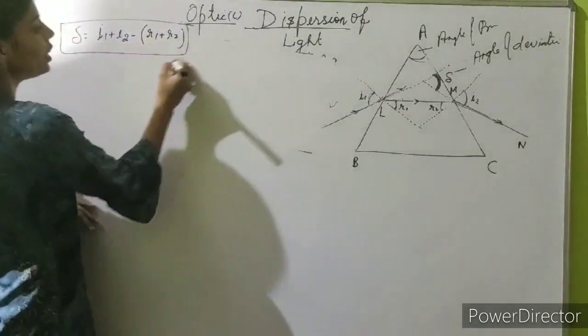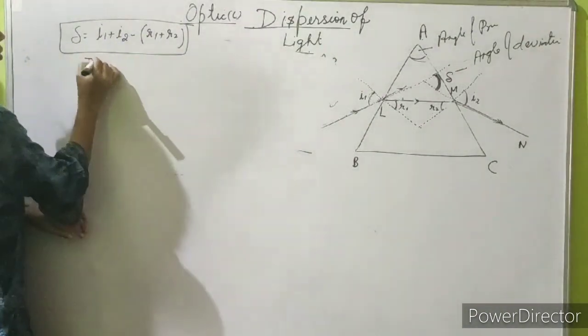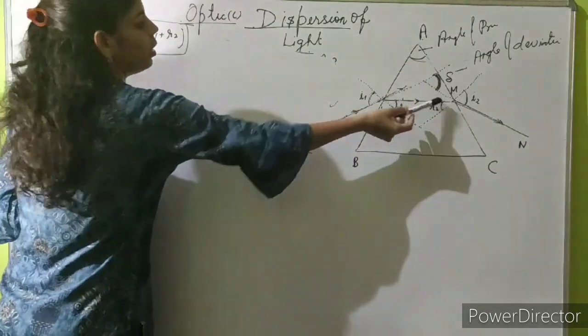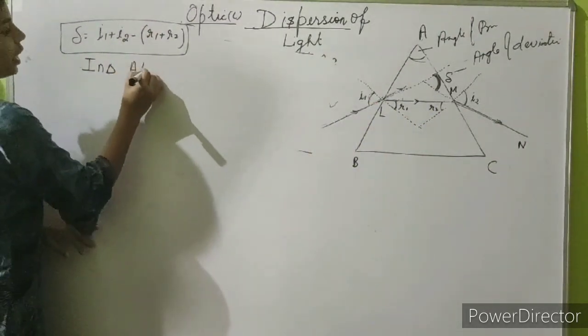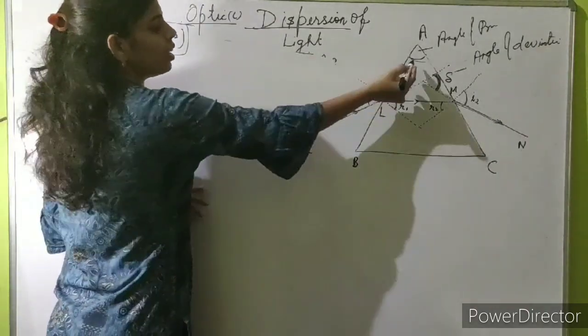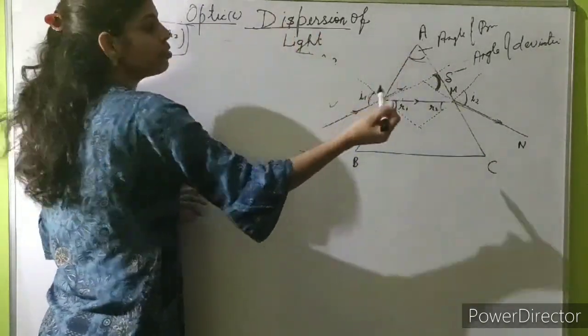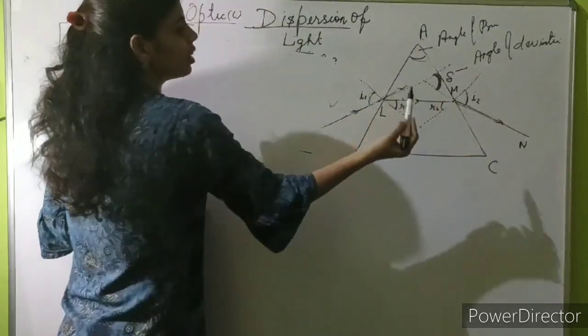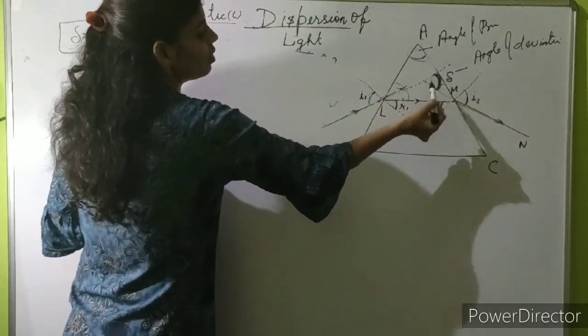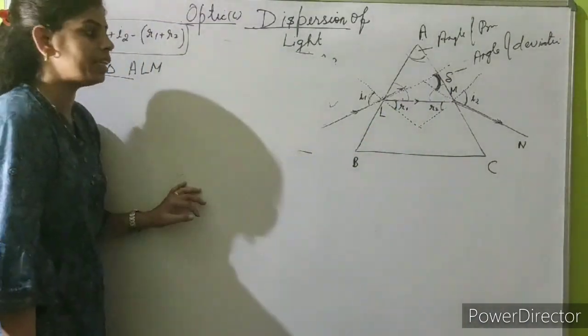Now, in triangle ALM, the sum of the three angles is 180 degrees. Angle A plus this angle plus this angle is equal to 180 degrees.